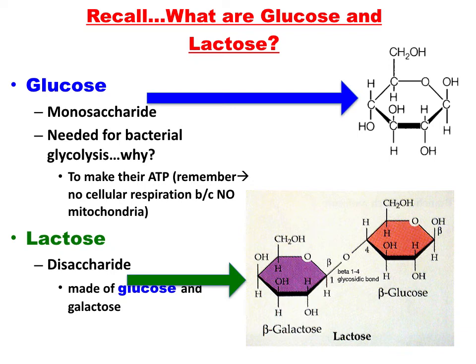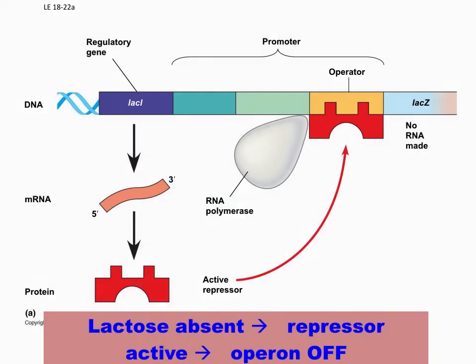All right, so let's look at this operon. In the absence of a regulatory metabolite, the regulatory gene for this operon codes for an active repressor. So by itself, the repressor protein can bind to the operator, block RNA polymerase, and keep transcription of the structural genes from happening.